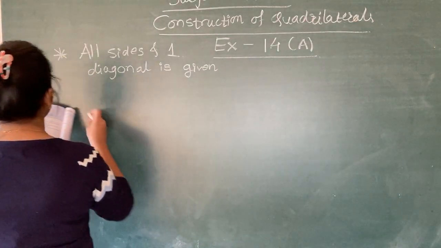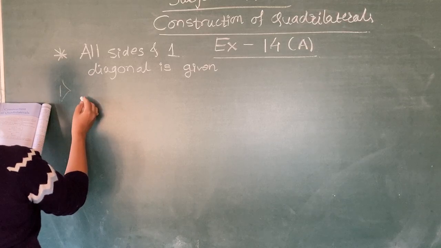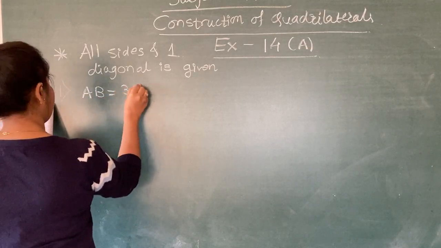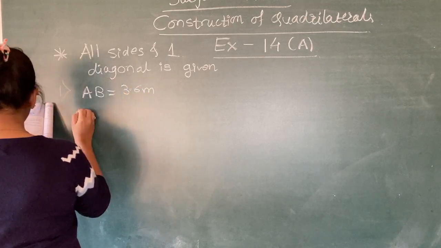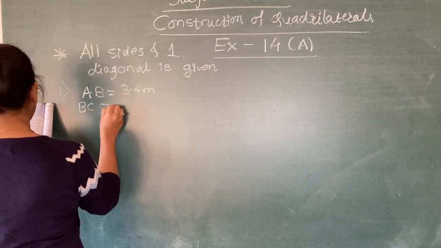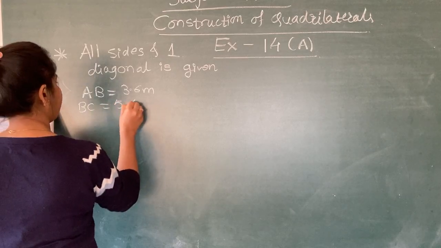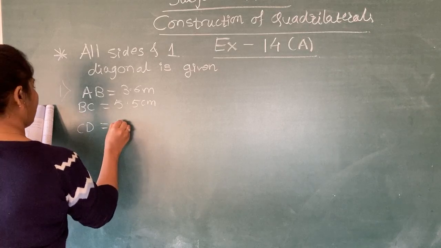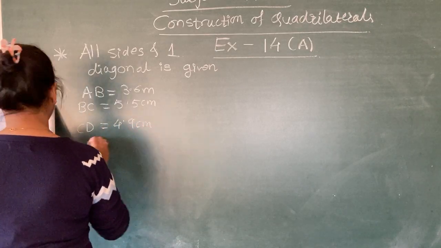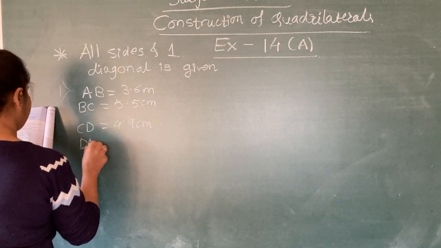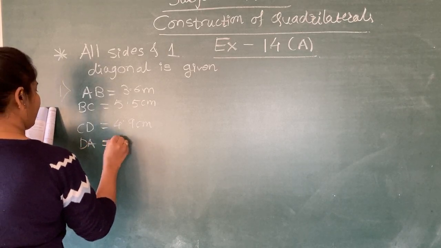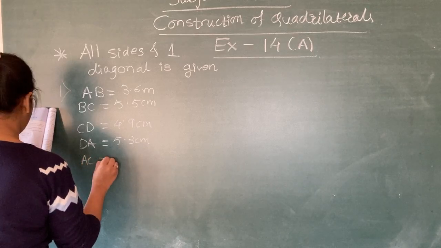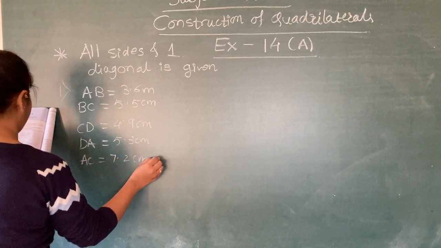I'll take the first one, where AB is given as 3.6 centimeter, then BC is 5.5 centimeter, then CD is 4.9 centimeter, then DA is 5.3 centimeter, and AC is 7.2 centimeter.